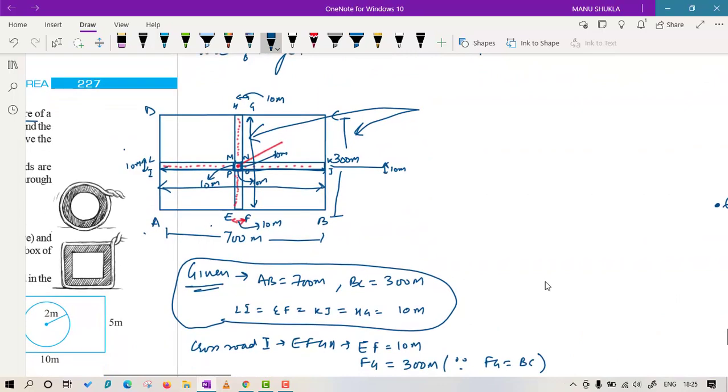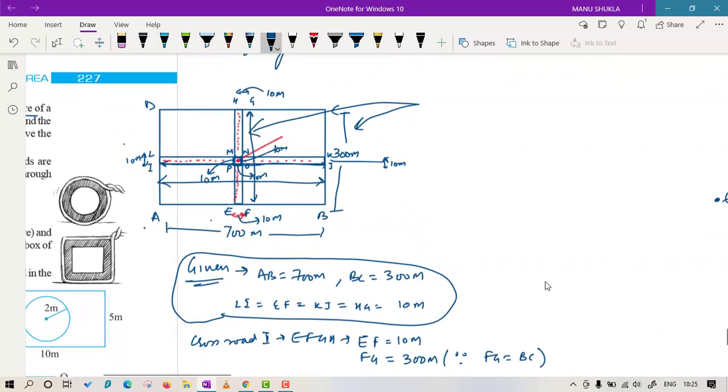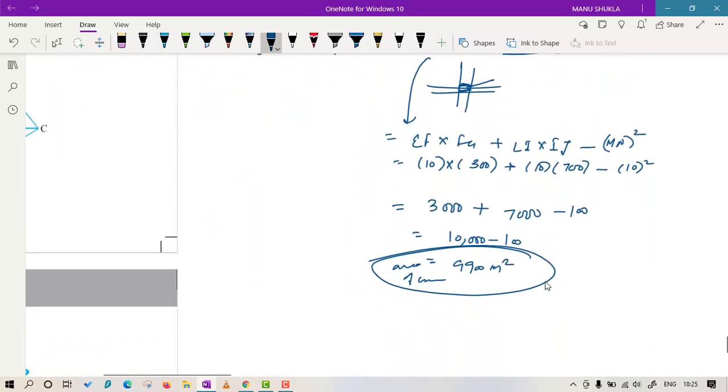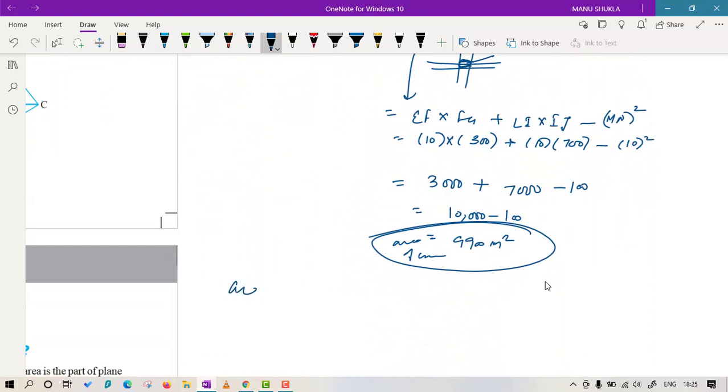Okay. Now the next part we have to do is area of park excluding crossroads, which is actually given by area of ABCD minus area of crossroads.